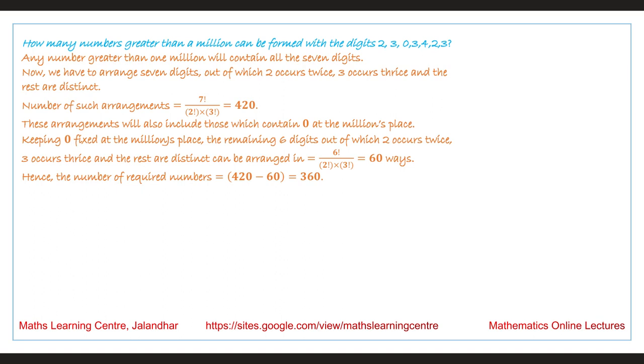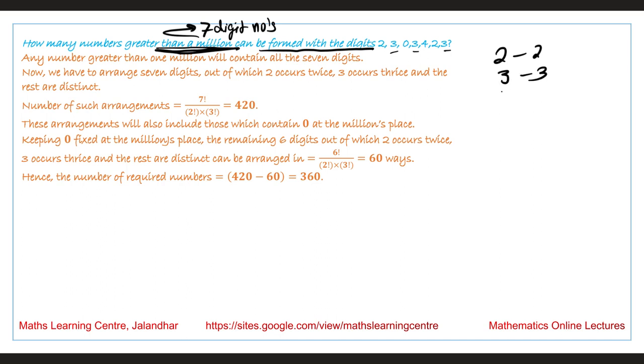The next question is: how many numbers greater than 1 million, which means 7-digit numbers, can be formed with the digits? It is given that the digit 2 appears twice, 3 appears thrice, 4 appears one time, and 0 appears one time.